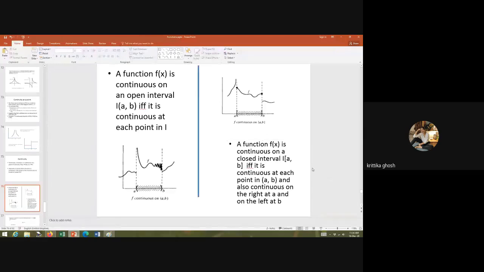So basically at a and at b, right? Yes. So in this case, we should not include the points a and b. Here we are saying we should also include a and b. That is the difference. We are not interested in what happens over here.